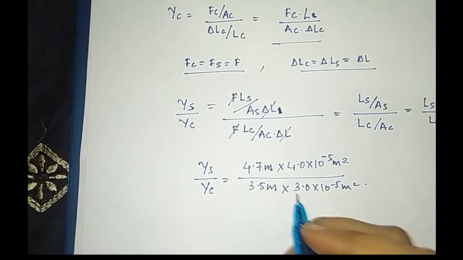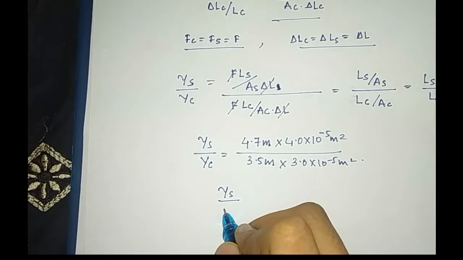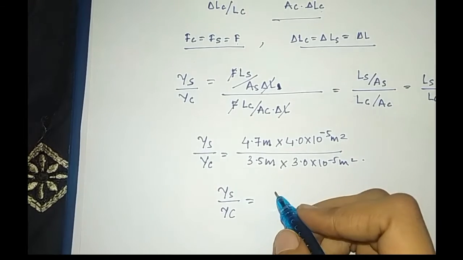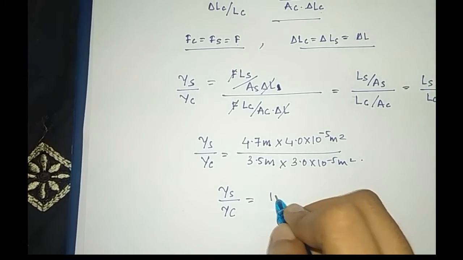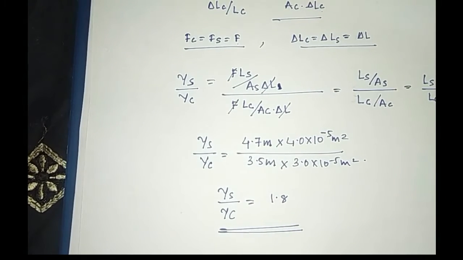It will obviously be a unitless quantity. So Young's modulus of steel divided by Young's modulus of copper, on calculation, we will get 1.8. Because it is the ratio of the same quantities, there won't be any unit.